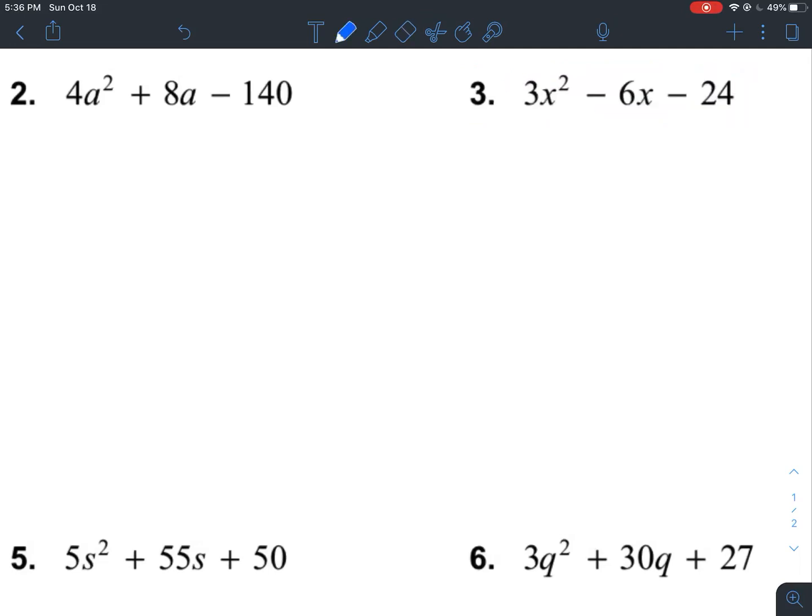So in this case, 3 goes into 6 and 24, so we can factor out the 3. So we factor out the 3, then we have x squared. This divided by 3 would be minus 2x. 24 divided by 3 would be minus 8.